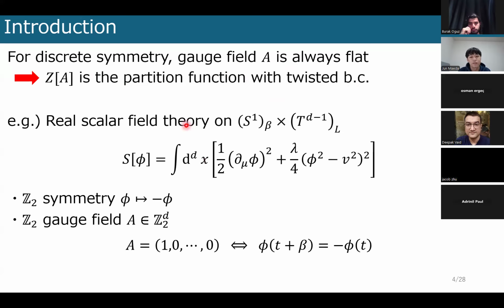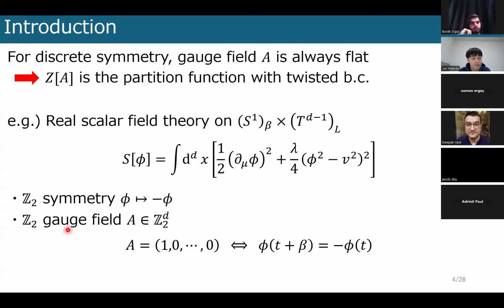Okay, so let us consider this example. We consider real scalar field theory, and this theory has this symmetry which acts on phi as flipping sign, and so we can consider this gauge field. And here the spacetime is a d-dimensional torus, so we can consider d types of holonomy along each cycle.